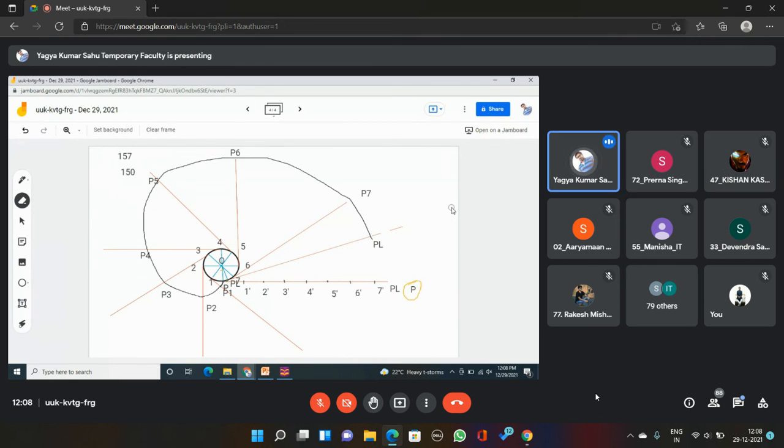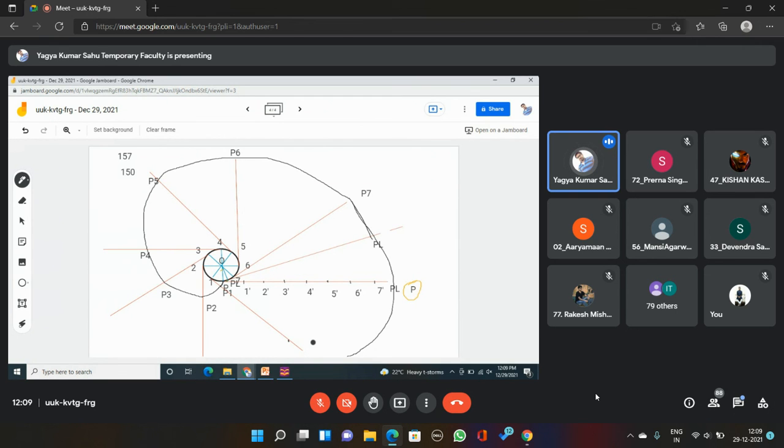It will be made, right? That was the case where the length of the string is less than the circumferential length. Suppose the length of the string is more than the circumferential length, then what will happen? The curve will go downward like this. You will get P9 exactly on this tangent line passing from 1.